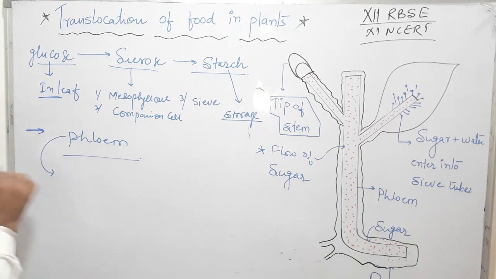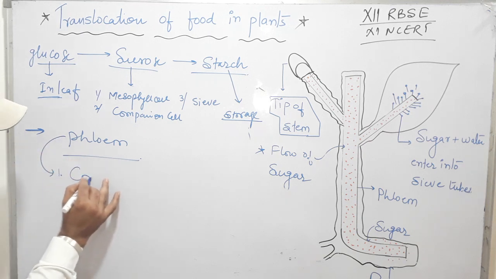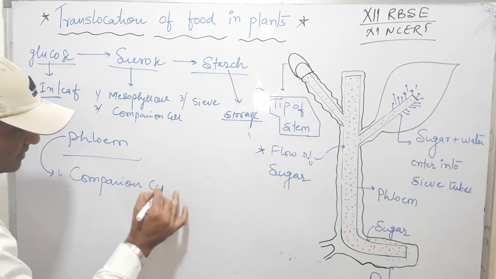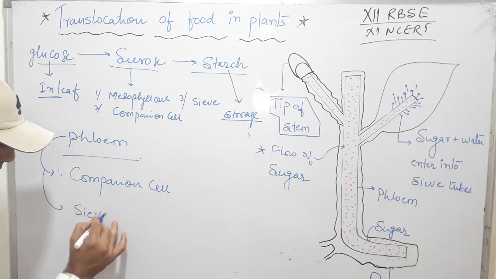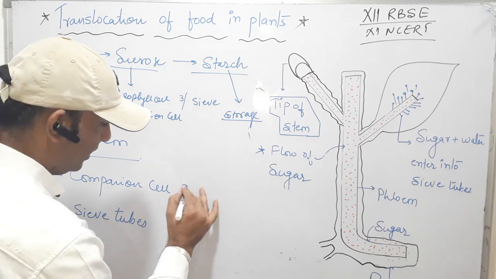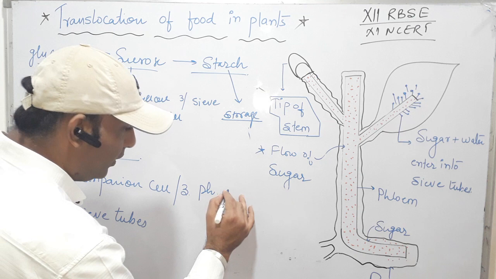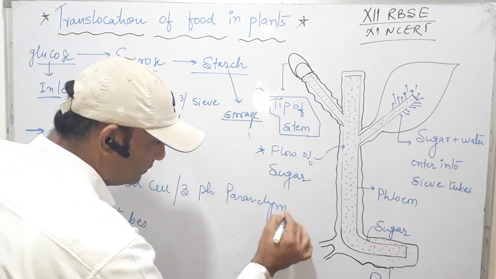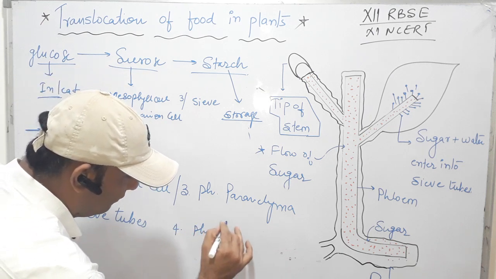Now the components involved in the translocation of food: first, companion cells; second, sieve tubes; third, phloem parenchyma; and fourth, phloem fiber.